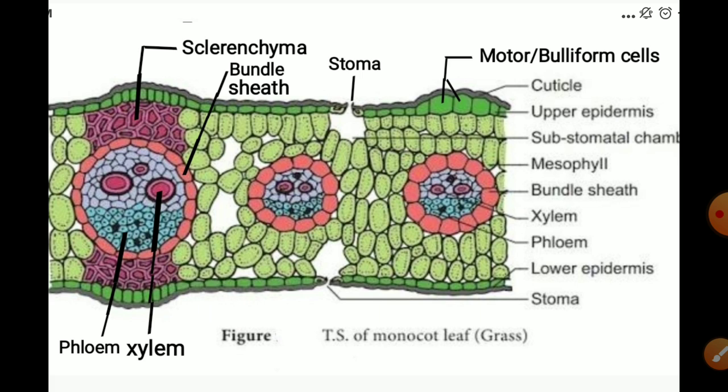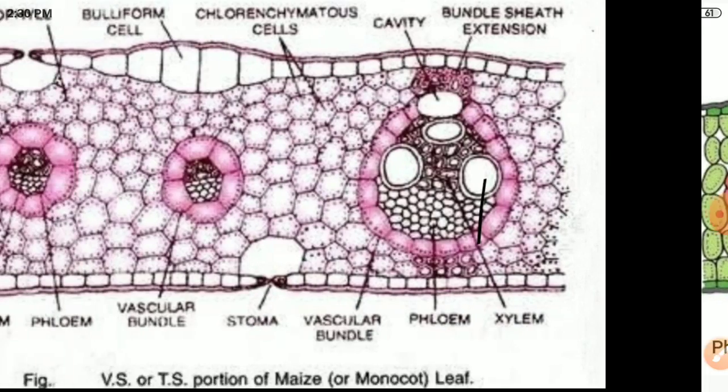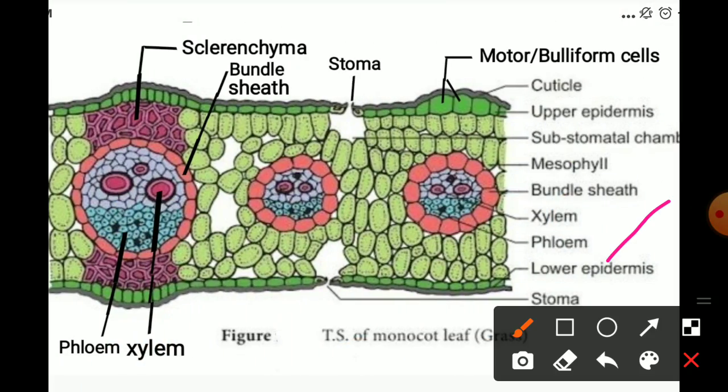Internally, the leaf also shows the lowermost region, the lower skin of the leaf. We call it the lower epidermis. Epi means outermost, dermis means skin: outermost lower skin.